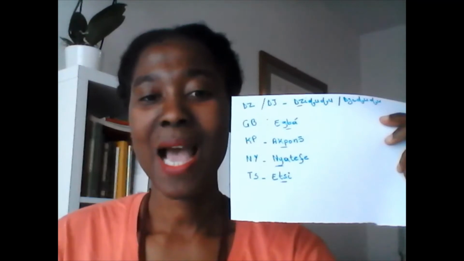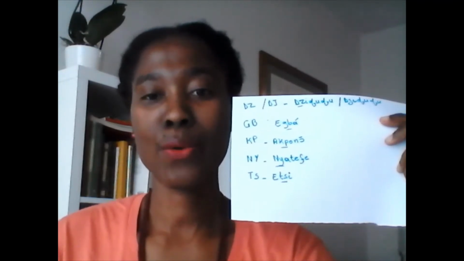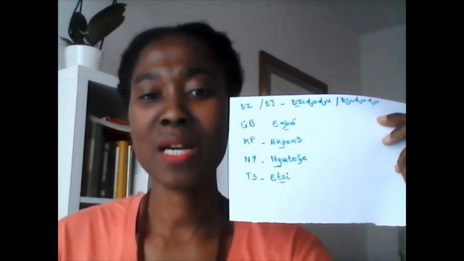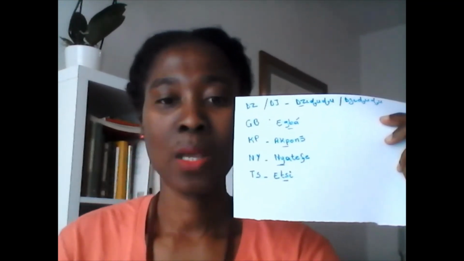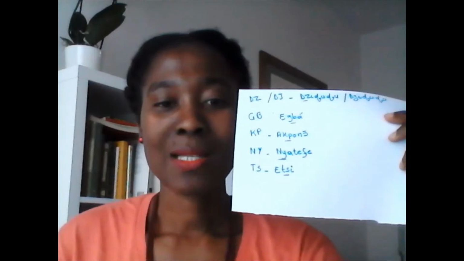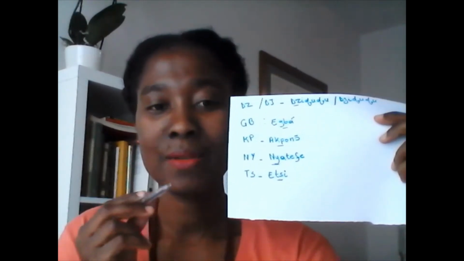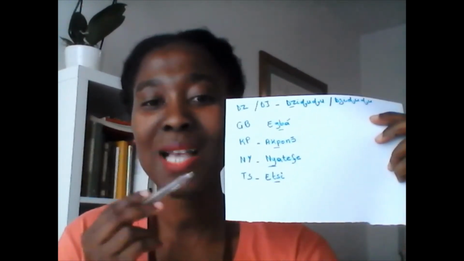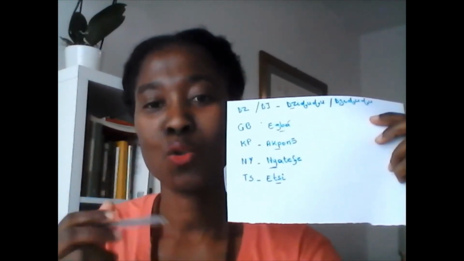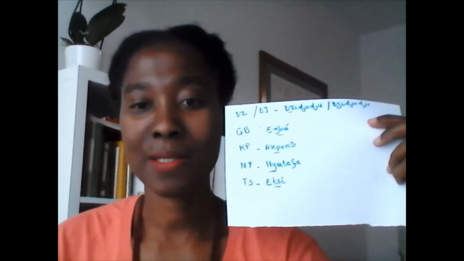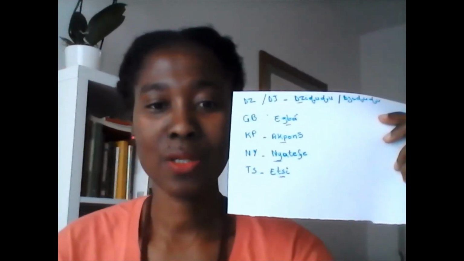But if I say akpono in Togo or among the Mina people, it's bread. So I've got to put accents if I'm saying akpono or akpono. Those are the tones, because Ewe is a tonal language.